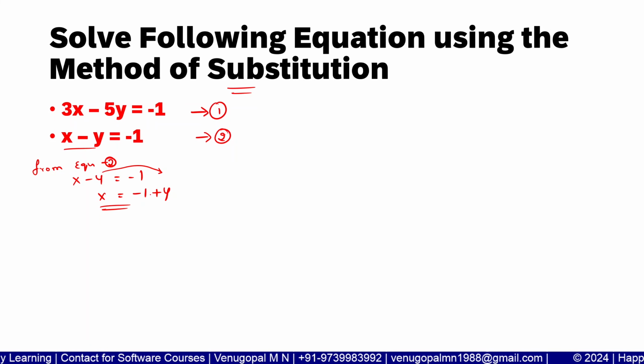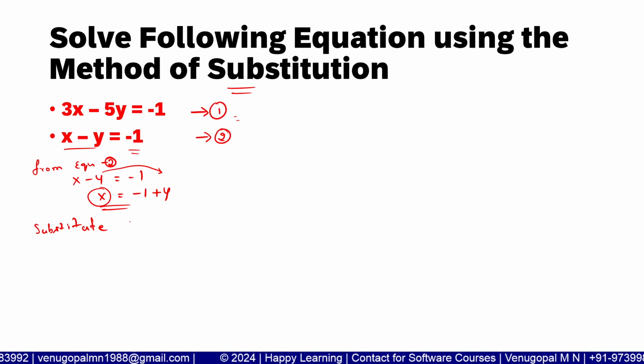Now we have taken equation 2 to derive the value of x. Now let us substitute this value of x, whatever we have derived, into equation 1. So substitute x into equation 1.